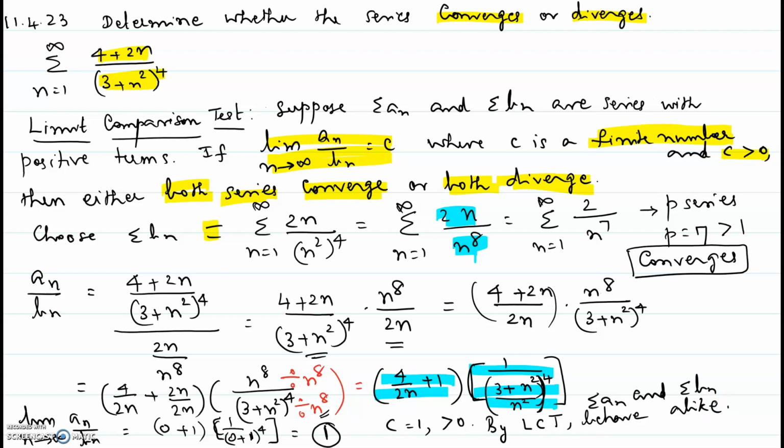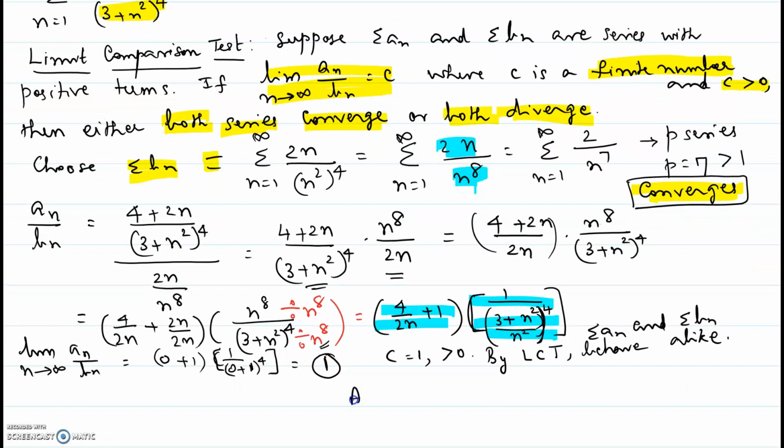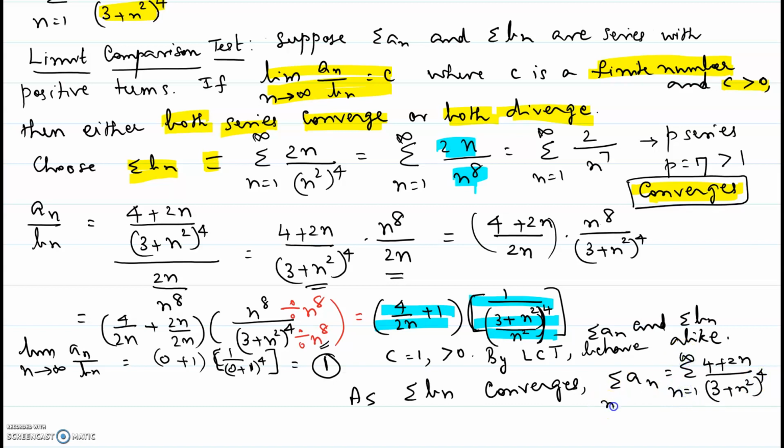But we already established that sigma bn converges. So sigma bn converges, and sigma an, which is the given series, (4 plus 2n) over (3 plus n squared) to the power of 4, n varying from 1 to infinity, also converges.